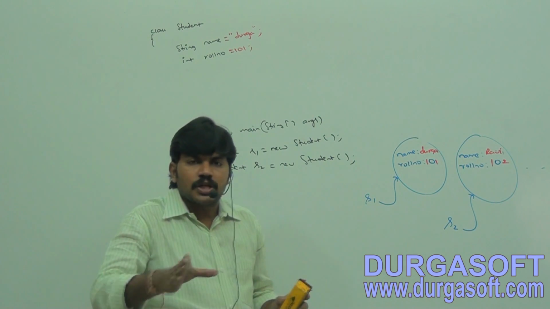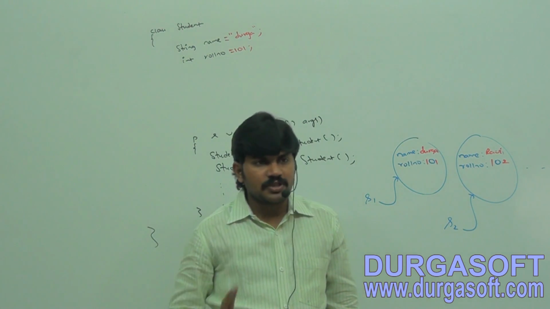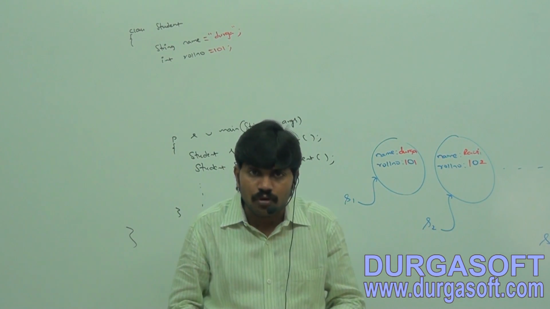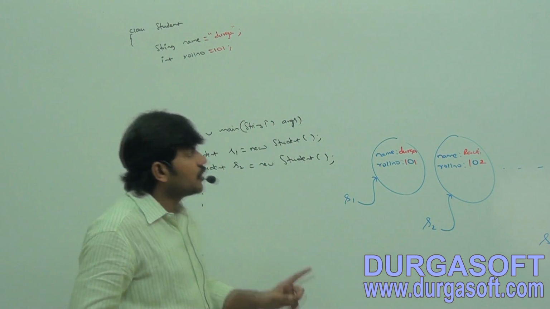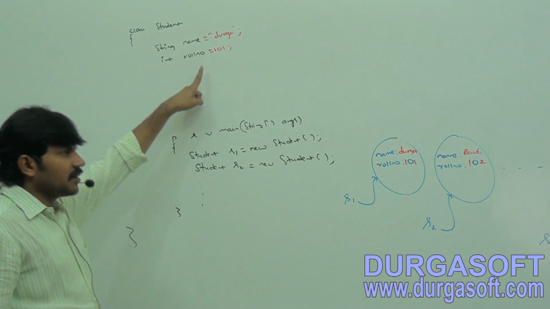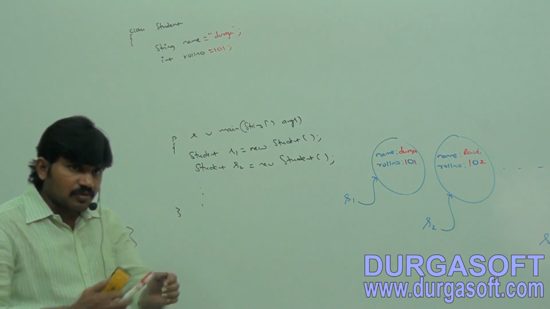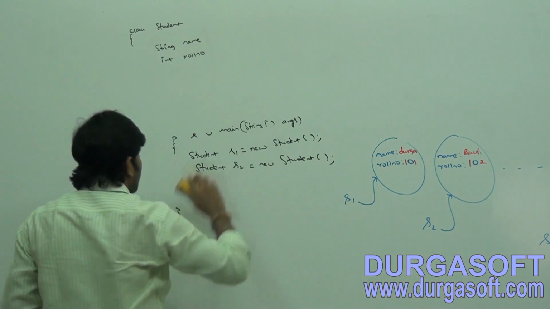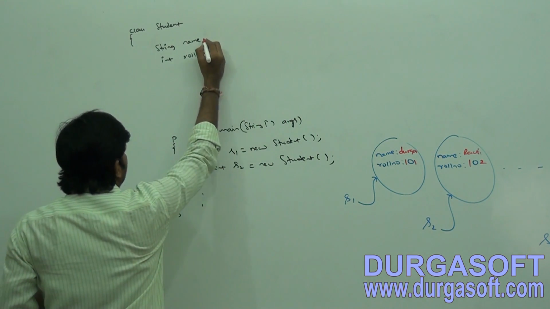Object to object, name and roll number should change. That's why this approach is not at all recommended. So it's never recommended to perform initialization at the time of declaration, right?